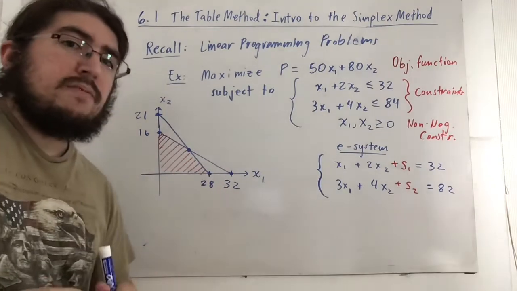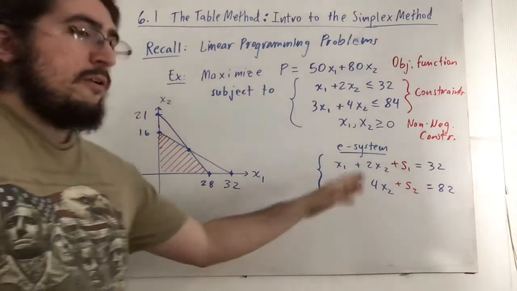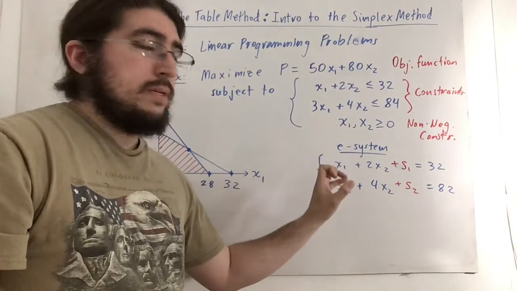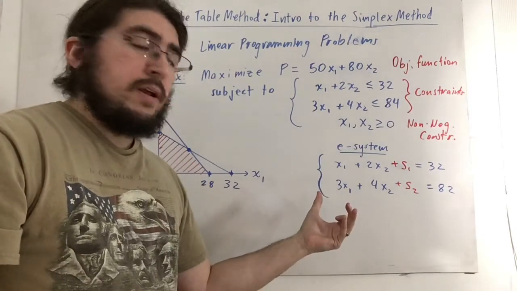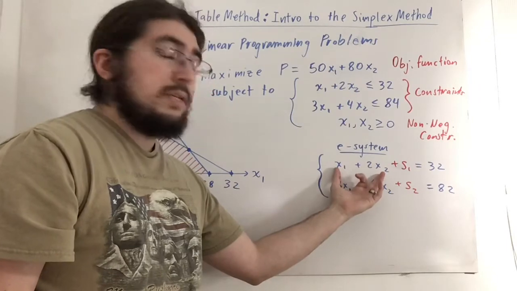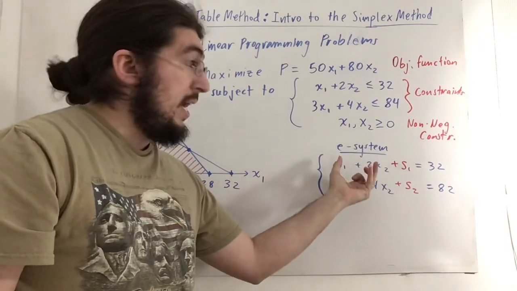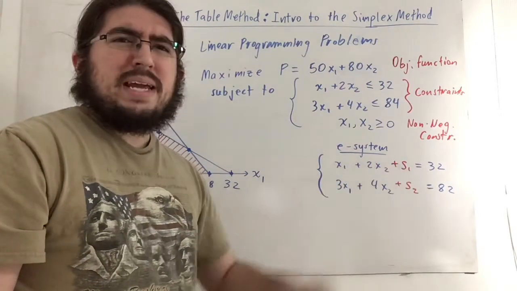Now, a very, very important consequence here is that the slack variables will be positive numbers. This should make a lot of sense. Consider that problem I gave you earlier. I said if x1 plus 2x2 amounted to 25, s1 would have to be 7. But what would make s1 negative?